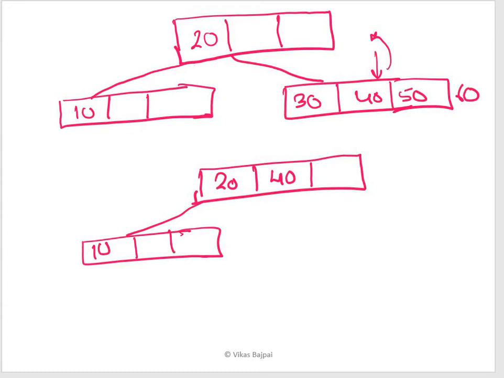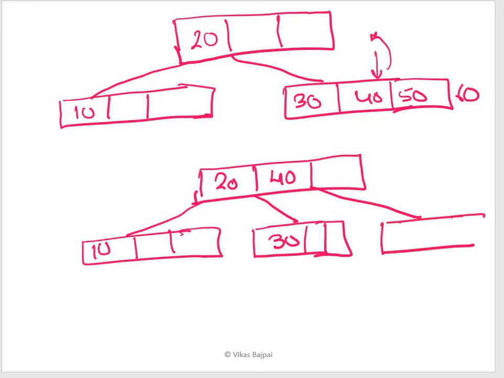Then on this side I'm getting 30. On this side I'm getting 50 and 60 and a blank. So this is how we are going to get.